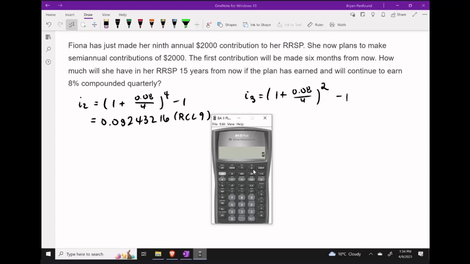Moving into calculating I3, let's begin with our open bracket, 1 plus 0.08 over 4. Close that bracket, and let's square this and subtract 1. I'm going to store this under number 8 for us to use later.